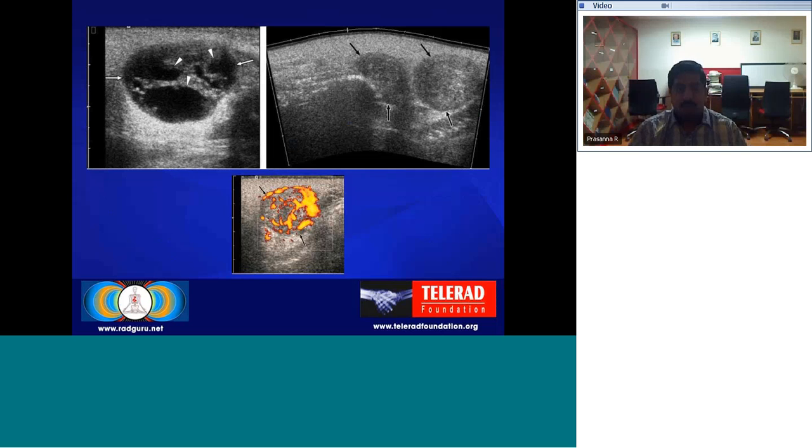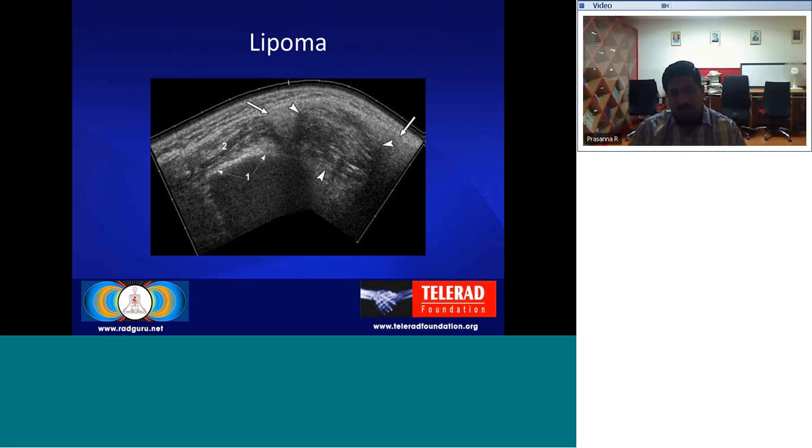This is an image of the Wharton tumor, where we see the typical complex cystic areas, either multiple or single, with the solid components having hypervascularity. There are other benign lesions which can occur like in any other soft tissues of the body, like a lipoma, which can be present anywhere, with a typical appearance of a hyperechoic fat-containing lesion. A panoramic view of the lipoma is shown there.